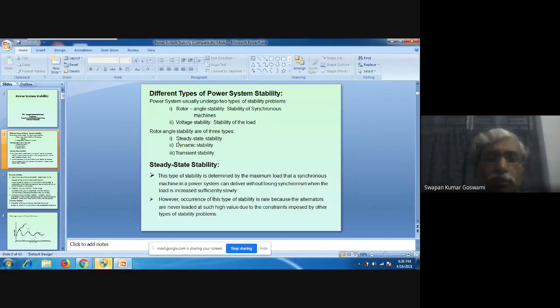Okay. So we have mentioned steady state stability and dynamic stability. The difference between steady state stability and dynamic stability also was mentioned.